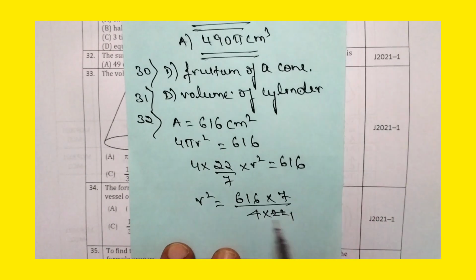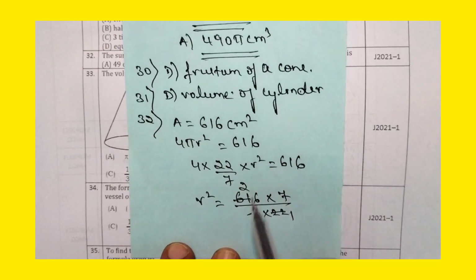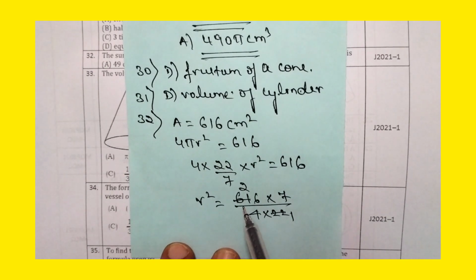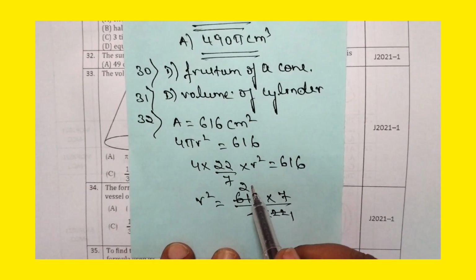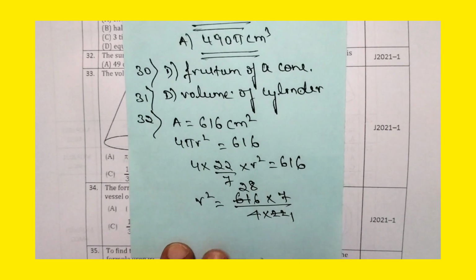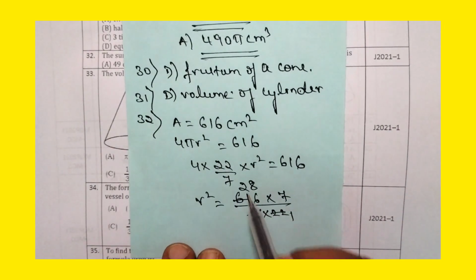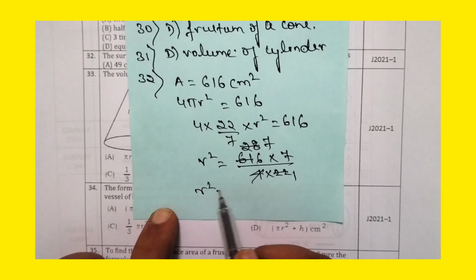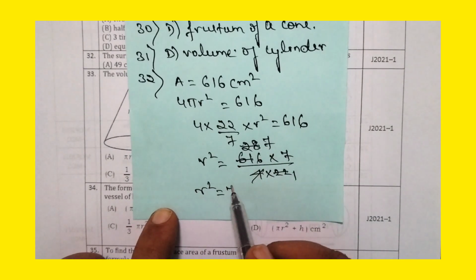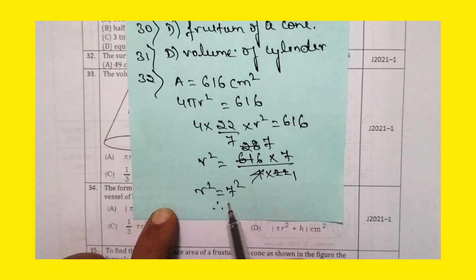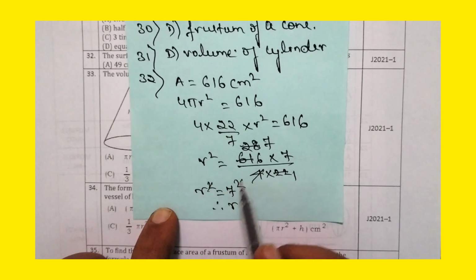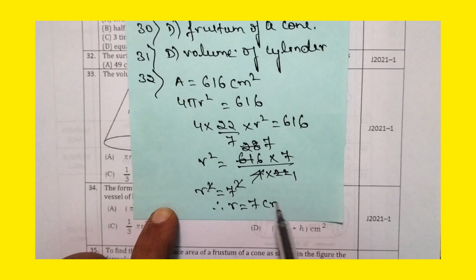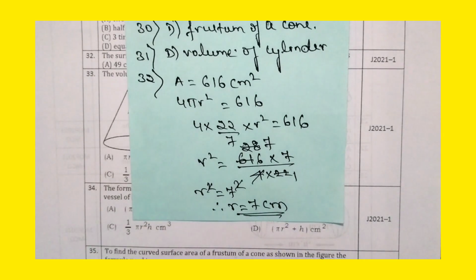Now divide: 22 ones are 22, 22 twos are 44, 44 and 176 remaining; 22 8s are 176, 4 ones are 4 sevens. So what is the remaining? R square is equal to 7 into 7, it is 7 square. Therefore the square gets cancelled, radius is equal to 7 centimeter. Therefore the radius of the sphere is 7 centimeter.